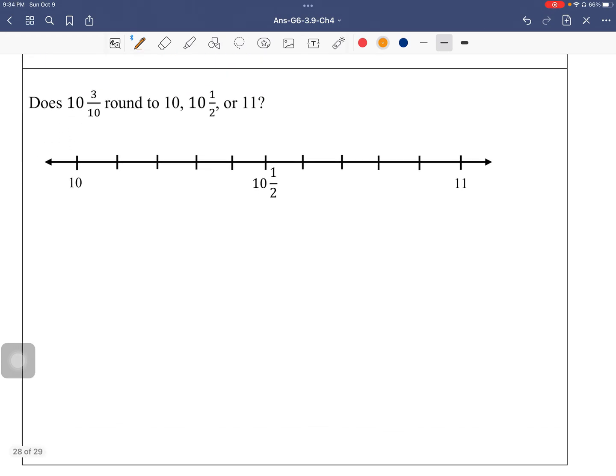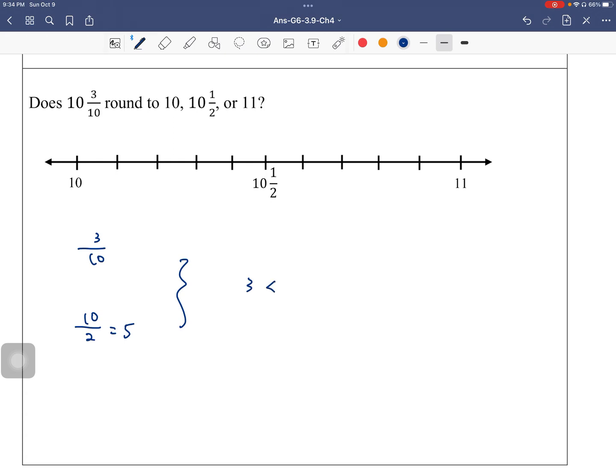Does 10 and 3 over 10 round to 10, 10 and a half, or 11? Let's take 3 over 10. 10 divided by 2 is 5, and then compare 3 and 5.